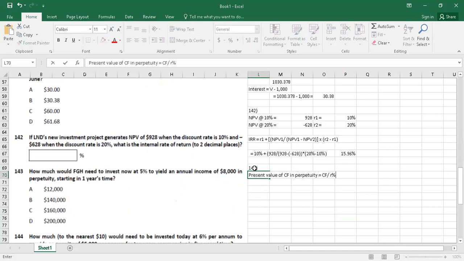So here also we just have to do the calculation in that particular fashion. So here it is equal to 8,000 divided by 5%. So 160,000. Option C is the answer.